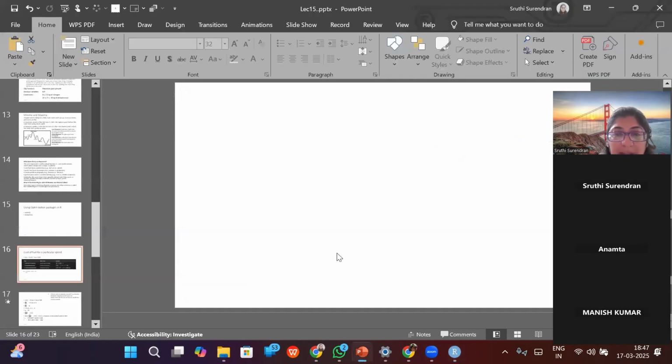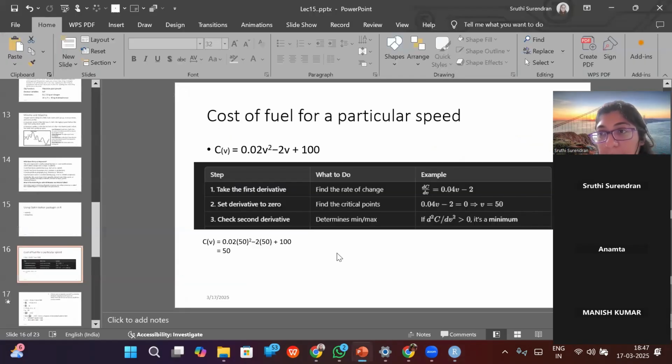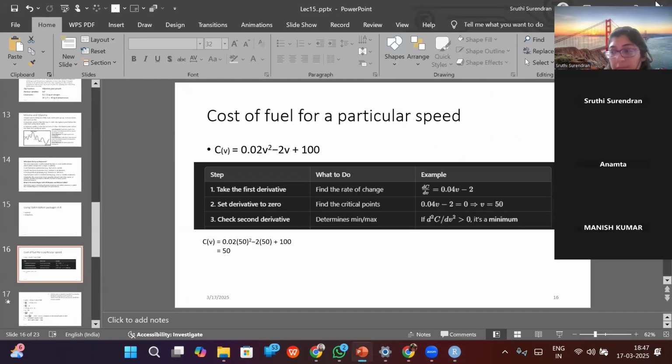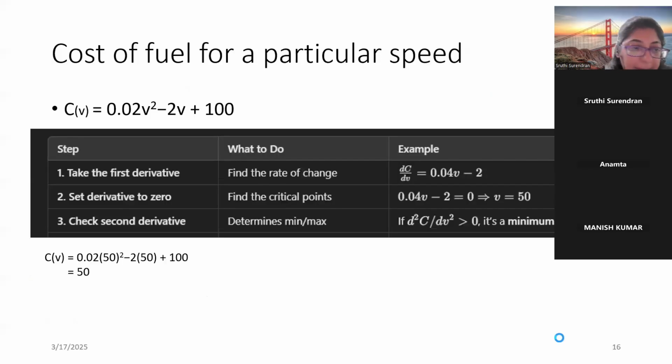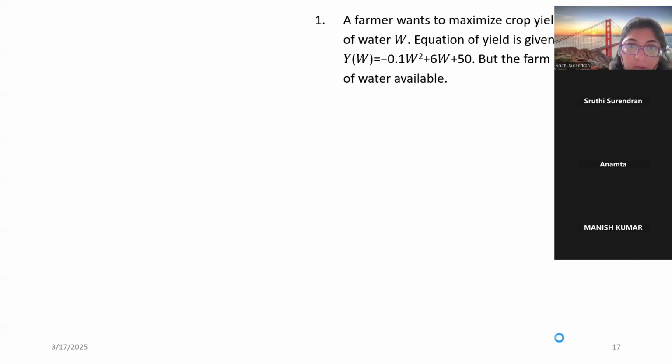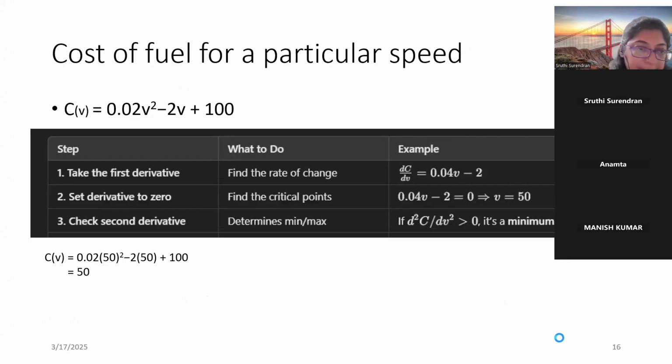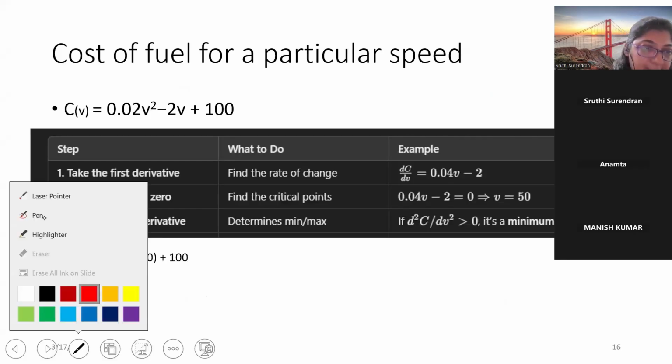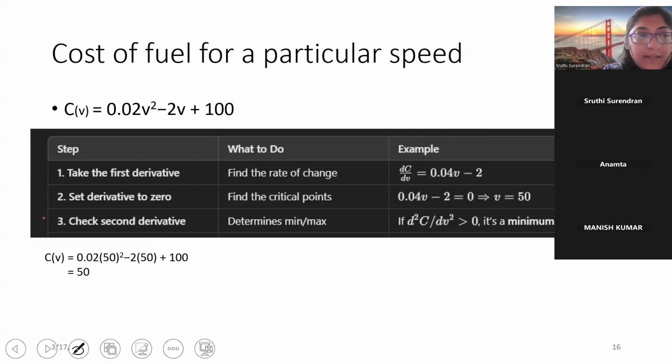Now, how is this optimizer doing this? Let's solve it manually and see. When we are optimizing any function, like the simple function of cost of fuel, first you consider this equation.